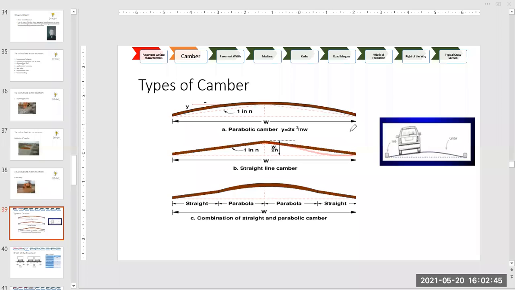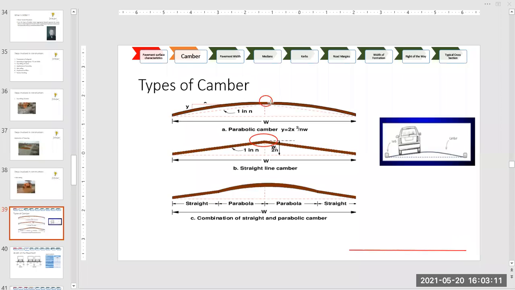Now, this part is called the crown. What is this, guys? This part is called the crown. So they will be asking you, for example, this is a ground.